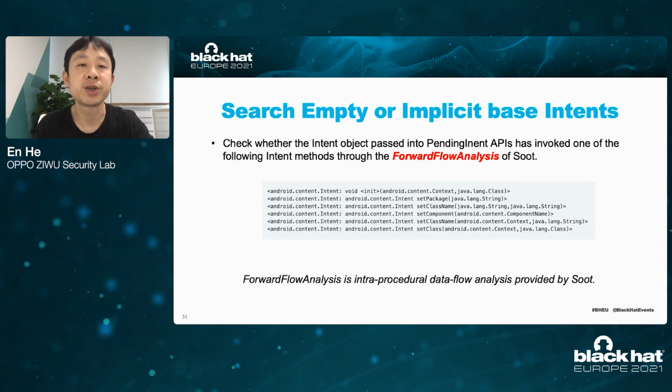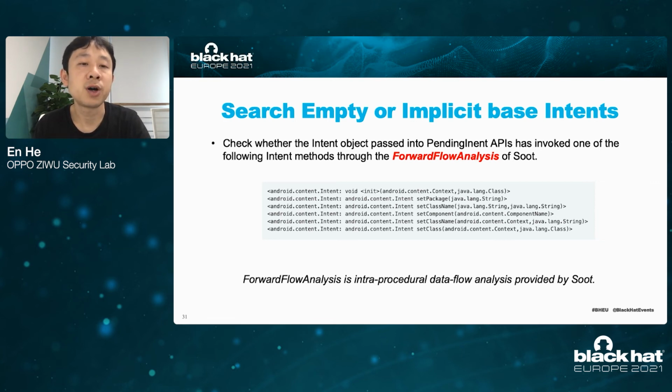Then search for empty or implicit base intents. It will check whether the intent object passed into the PendingIntent APIs has invoked one of the following intent methods through the forward flow analysis of Soot. The intent methods include setPackage, setClassName, setComponent, and setClass. These APIs show whether the intent is explicit.